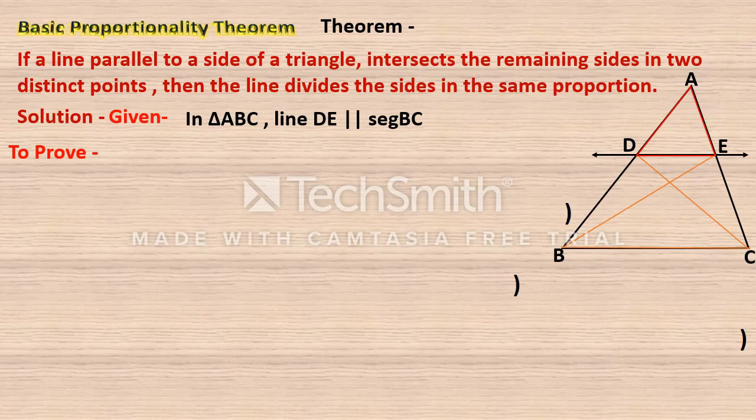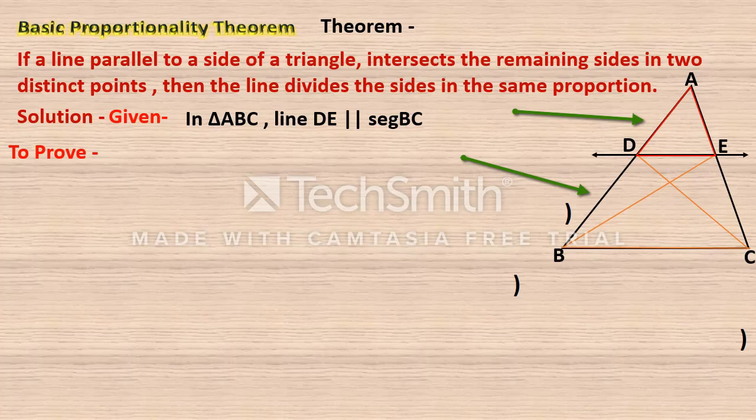Line DE divides side AB at point D and we get two parts. Which are the parts? First part is AD and second part is DB.